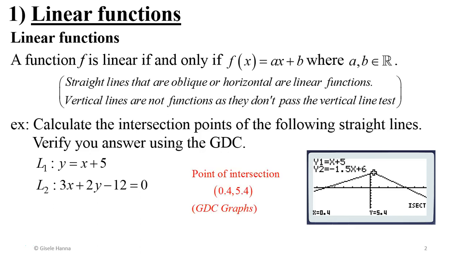Then you'd conclude your answer by saying the point of intersection is 0.4, 5.4, that's the ordered pair, and between parentheses you say GDC graphs. But you'd have to have the graphs sketched in order for your answer to be accepted.